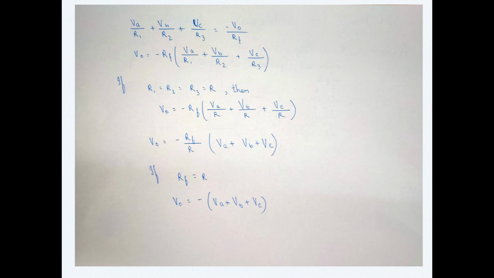We see that minus RF by R is the amplification factor, and it is multiplied to the sum of the three inputs. And if RF and R are the same, then we get the output voltage V0 as minus (Va plus Vb plus Vc). Here the gain is unity.